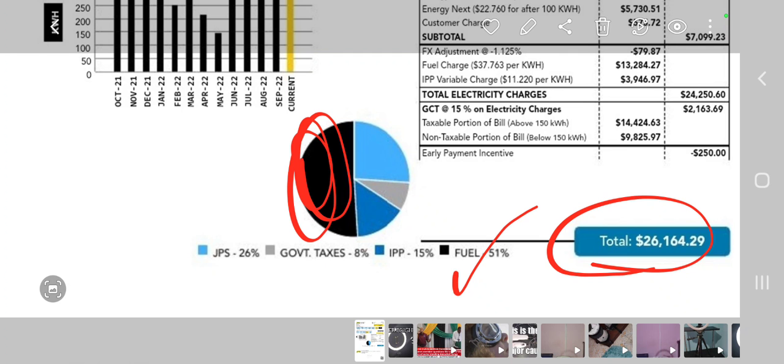So 51% of this right here is actually fuel charge. And then this is what JPS actually charge us for our usage, and this is for their independent power providers, and then this little cut right here is for the government. So that pretty much sums it up.